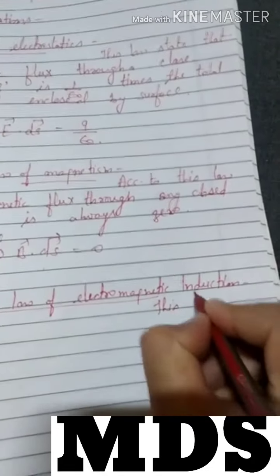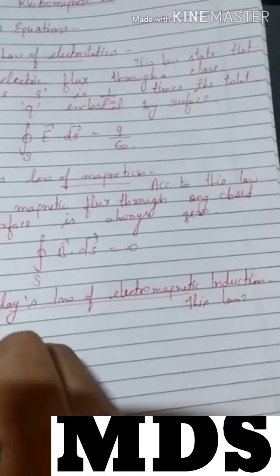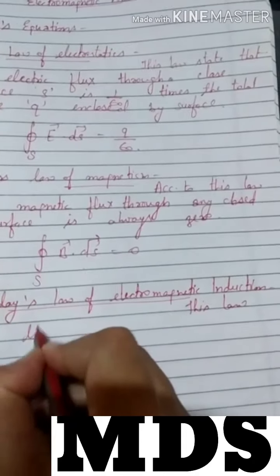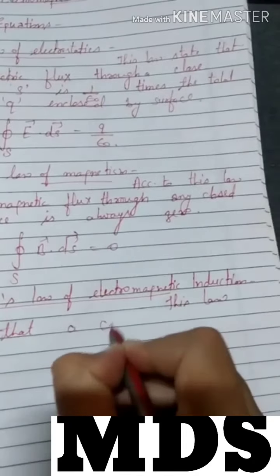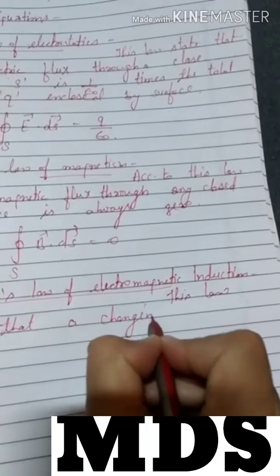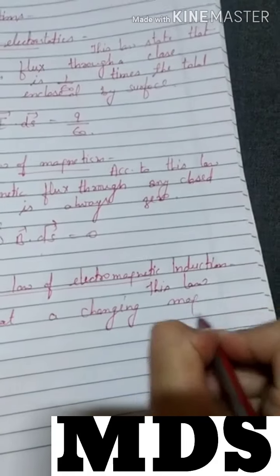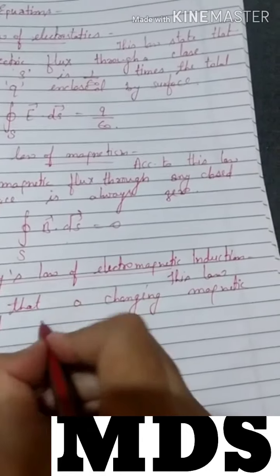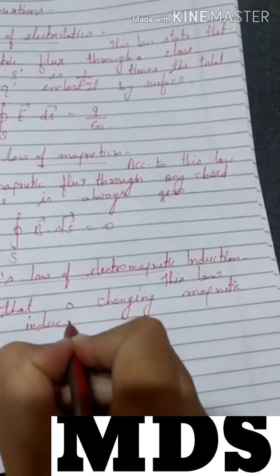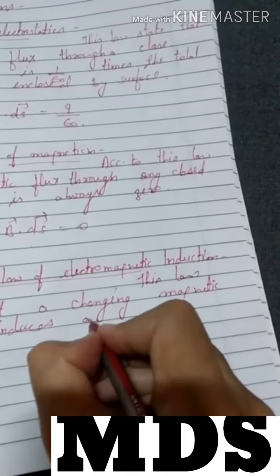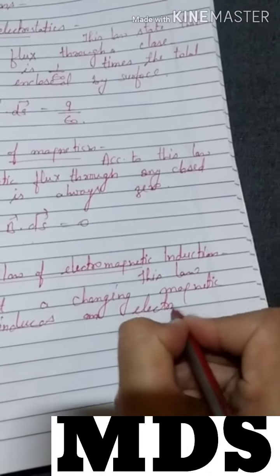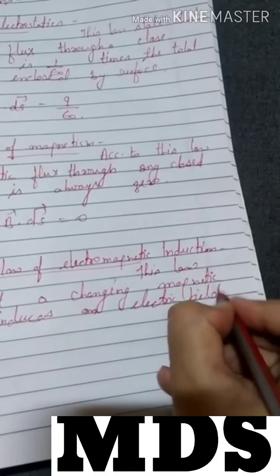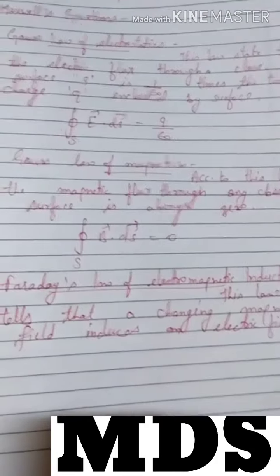This law tells that a changing magnetic field induces an electric field.